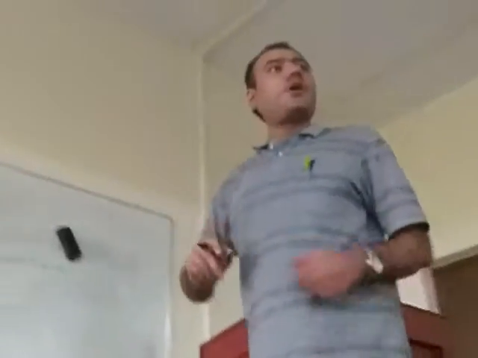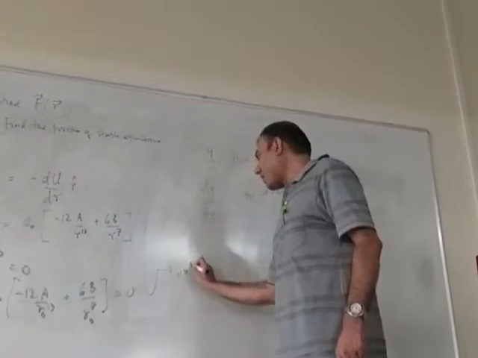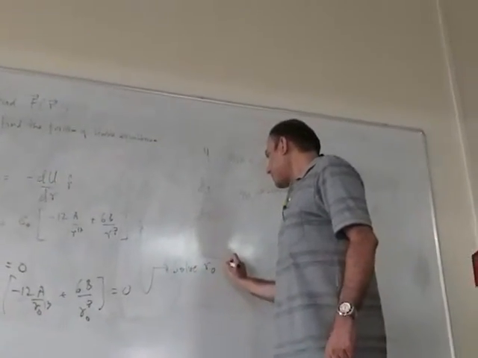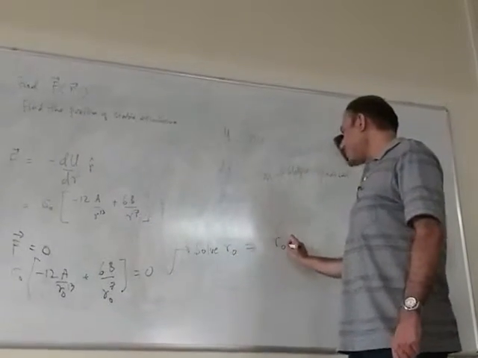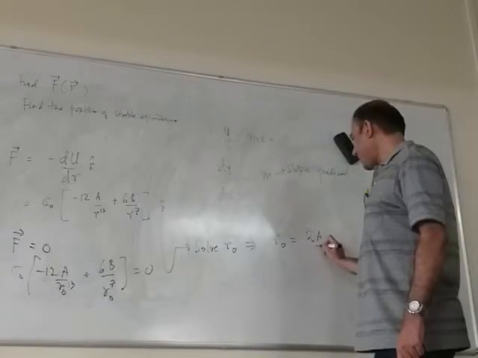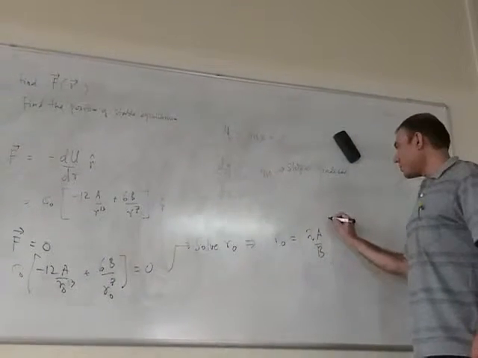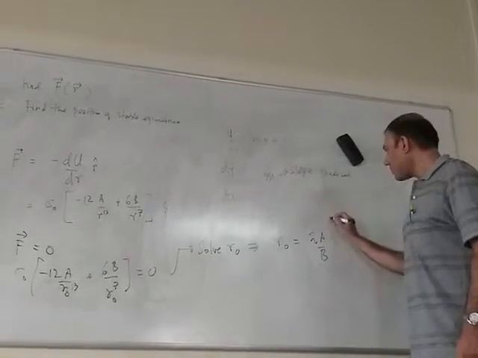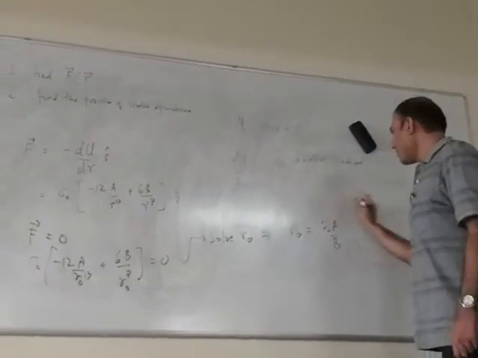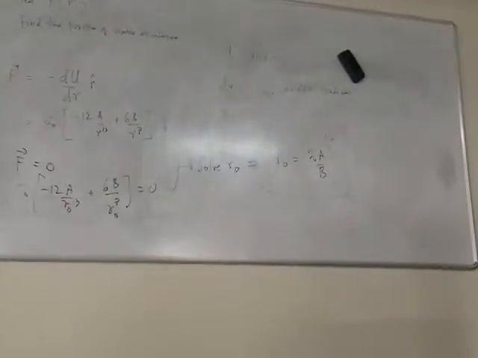Now solve this for r naught. r naught equals 2A by B, the whole to the power 1 by 6. Good. So this is the position where the force would be 0.